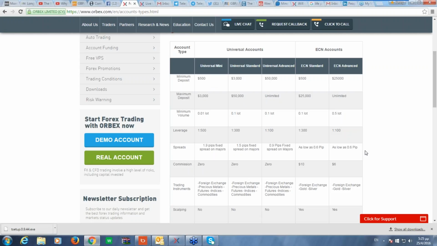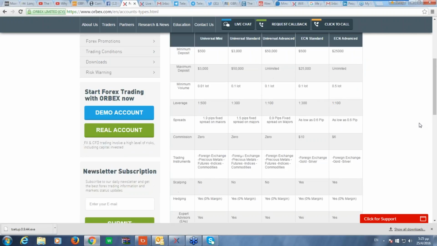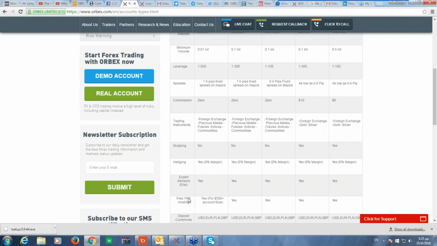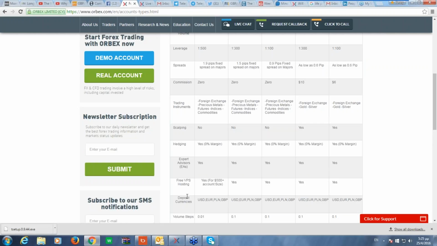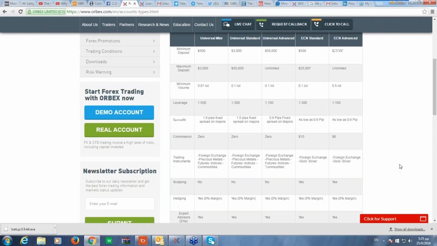Universal accounts, as you can see on the table itself, have various categories for you to choose from, depending on what's important for you as a trader, and then you choose the type of account accordingly. You would need to look at trading instruments as well, and whether they fit what you want.